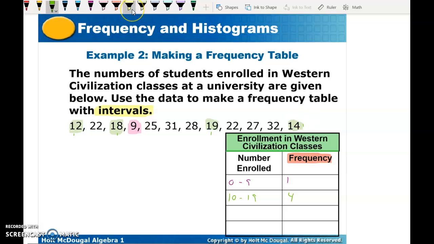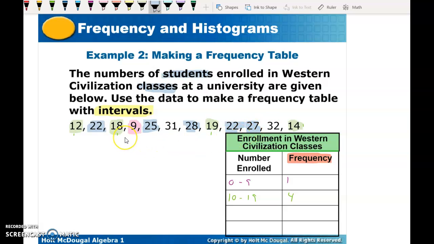Okay, so our next interval, excuse me, will be the 20s. So anything from 20 to 29 will go in our next interval. So there's a bunch of these. And that makes sense because remember, we're talking about class sizes. Students enrolled in classes, it makes sense that there's a lot in the 20s.